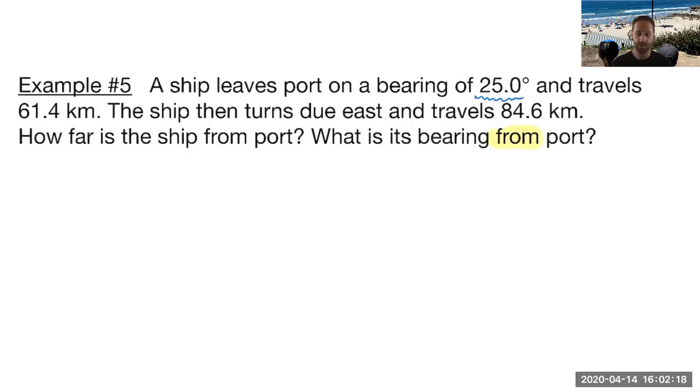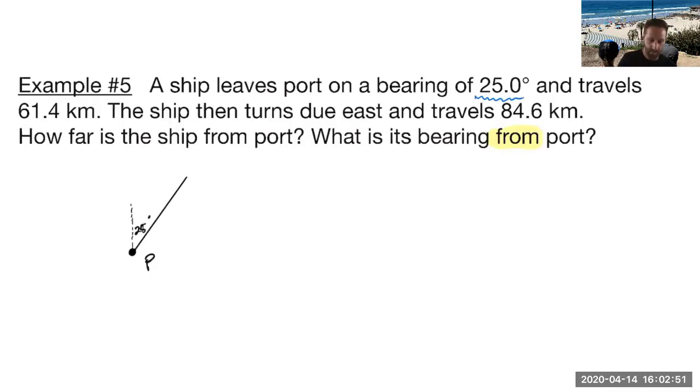So let's draw this out to the best of our ability and try to utilize all of our previous knowledge to then answer those two questions. So first things first, it said that a ship leaves port on a bearing of 25 degrees. So I'm going to label this point right here as my port, and I know that it is traveling 25 degrees. So I'm going to start by looking north and rotating clockwise 25 degrees.